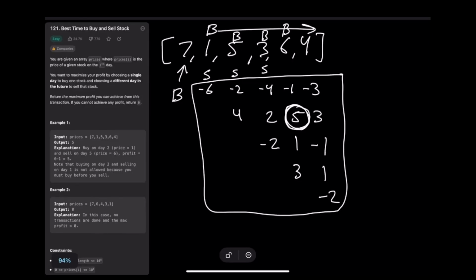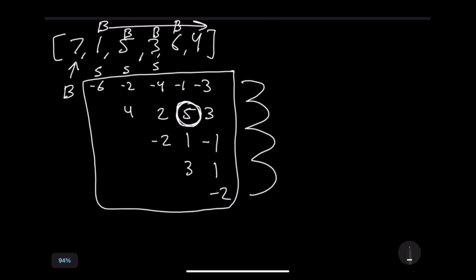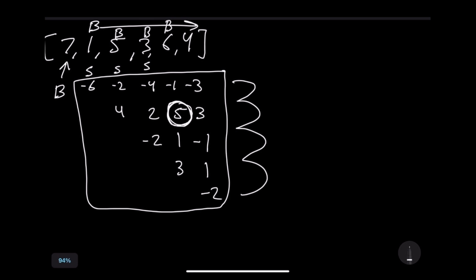So this is a good start, and I definitely think it'll work. But obviously this is going to be a bit slow, because if the array is tens of thousands of stock prices long, then this is going to take a really long time to iterate through. So I might go and code this solution up, but let's just think real quick about if there's a better way.